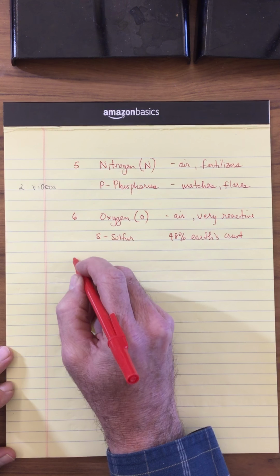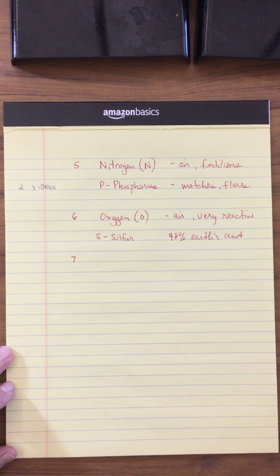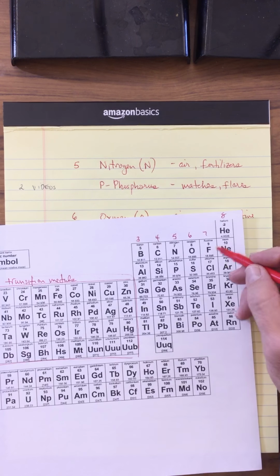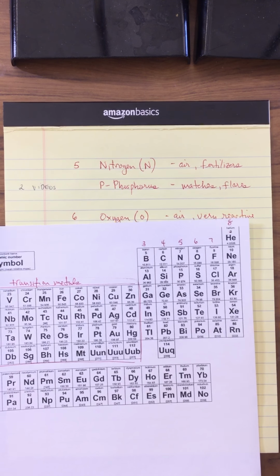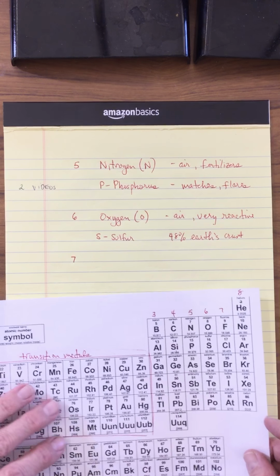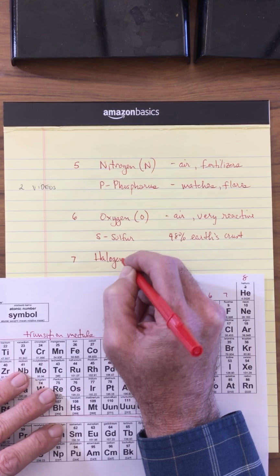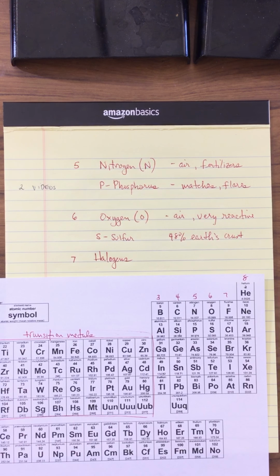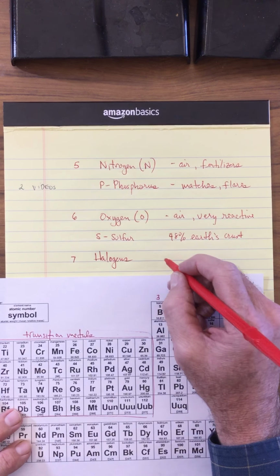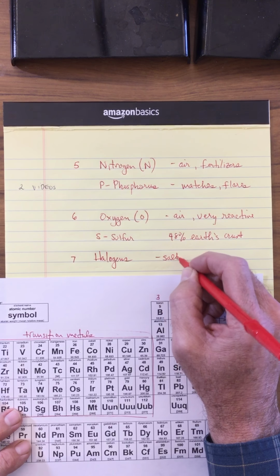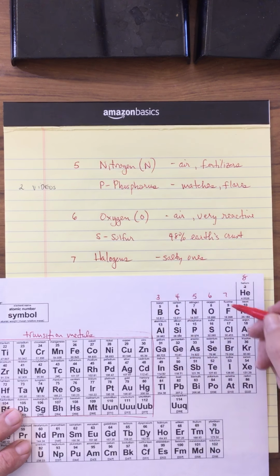Next group is going to be group 7. Group 7 does not have the name after the F, which is fluorine. These have a very special name, and the name for group 7 is halogens. The reason they're called halogens is that it's named after the Greek word halo, and halo means salt. So halogens are called the salty ones.